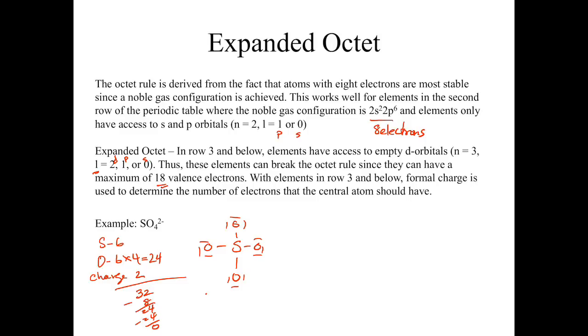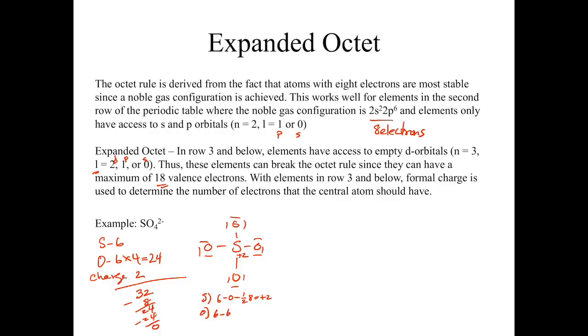Now let's do some formal charge calculations. We will do this for the different atoms. Let's start with the sulfur. For the sulfur, that's 6, we have 0 lone pairs, and we have 1/2 of 8 electrons around it. That's going to give us a +2 formal charge. So we get +2 on the sulfur, and the oxygens are all the same.